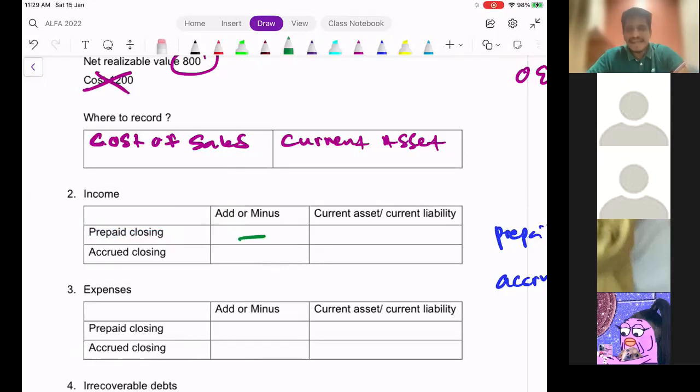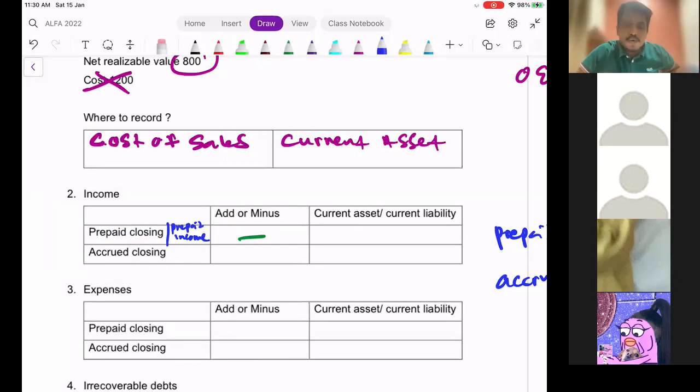Okay. Prepaid income. What is a prepaid income? Prepaid closing for income means prepaid income. Prepaid income means you over received.